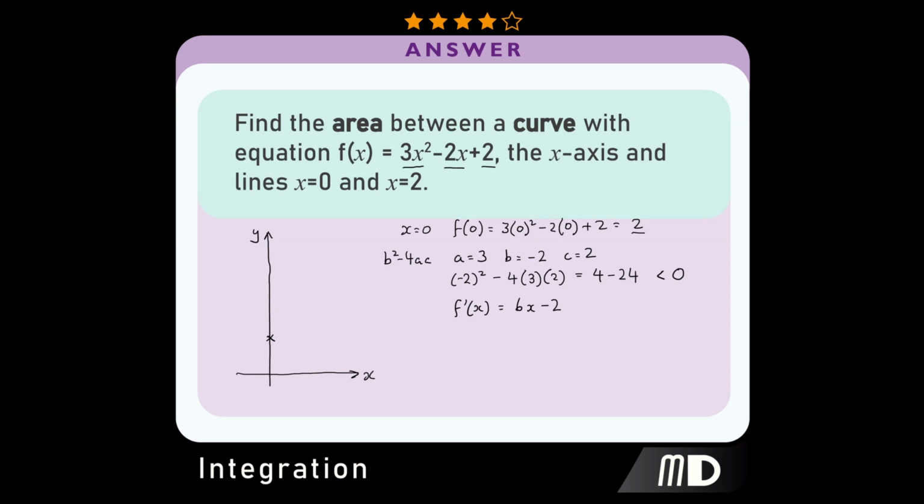And when I make that equal to 0, that means 2 is equal to 6x, and 2 over 6, which is equal to a third, is x. So at the position of a third on the x-axis, we have a turning point.